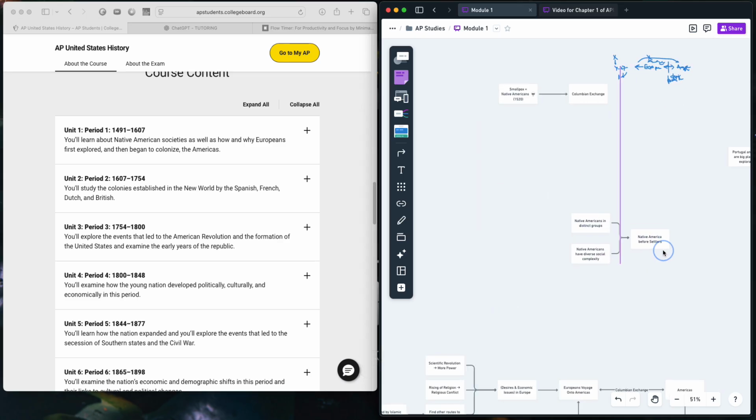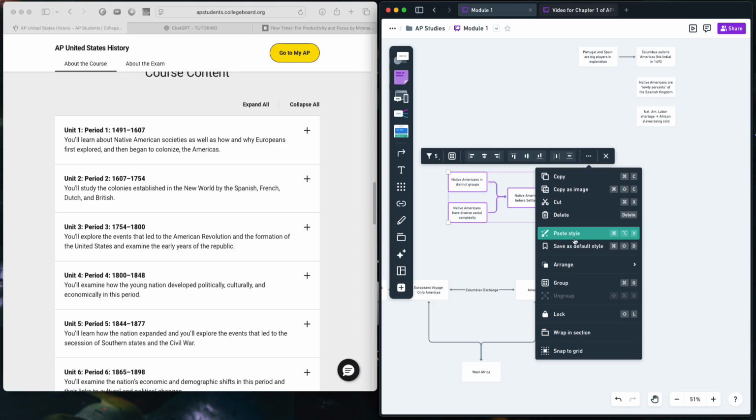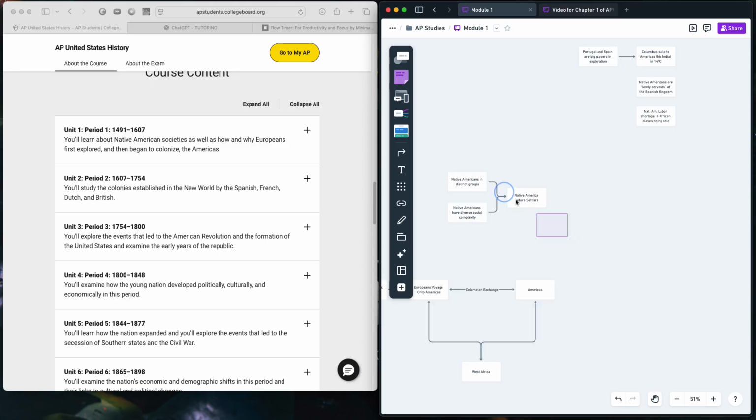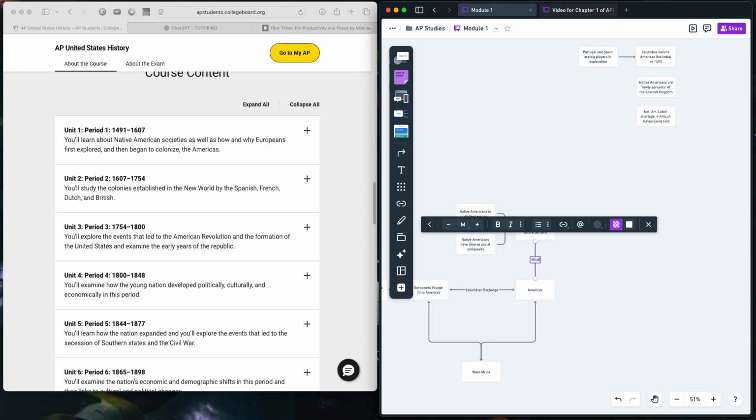Okay, so we have Native Americans. This is what was happening at the time. So what I'm going to do is say, okay, this kind of leads to what it looks like before settlers.